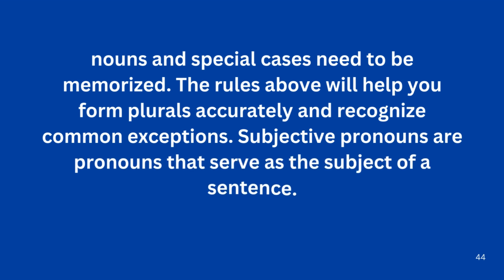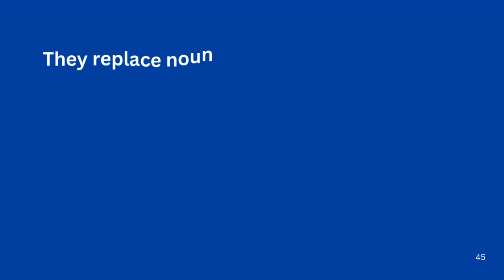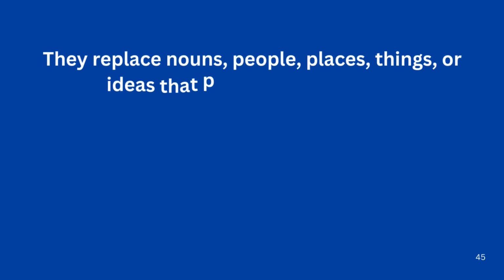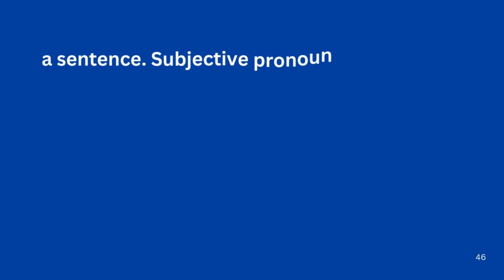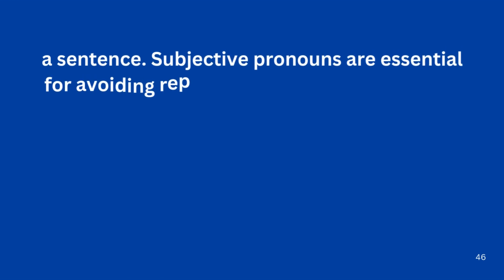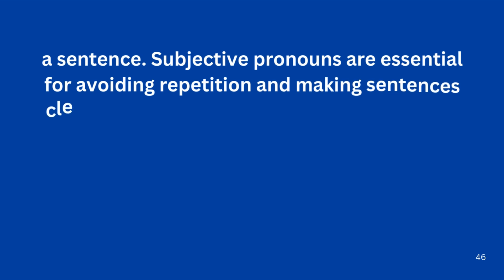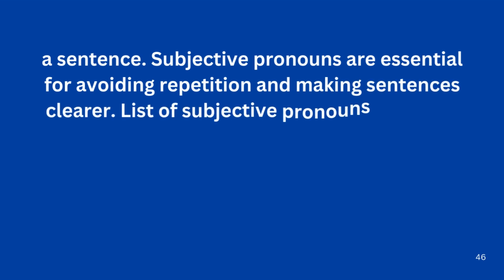Subjective pronouns are pronouns that serve as the subject of a sentence. They replace nouns, people, places, things, or ideas that perform the action in a sentence. Subjective pronouns are essential for avoiding repetition and making sentences clearer. List of subjective pronouns.